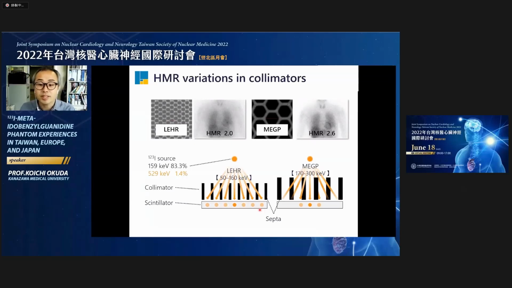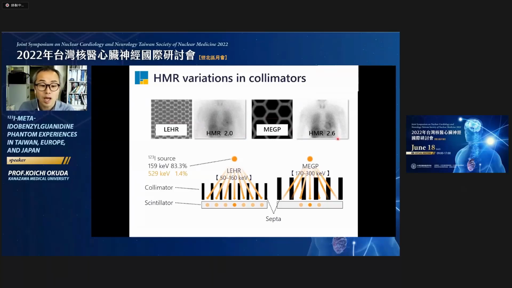Here you can see some pictures representing HMR variation due to the characteristics of collimators. These are X-ray images of two collimators, low energy high resolution type and medium energy general purpose type. When the patient underwent planar scintigraphy using the two collimators, HMR values were different, 2.0 and 2.6.